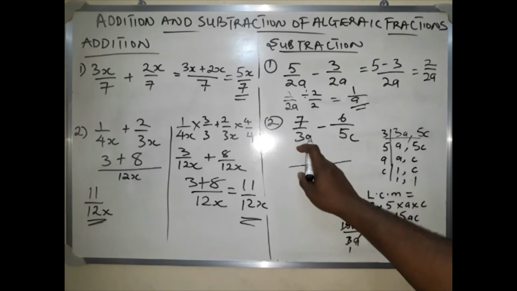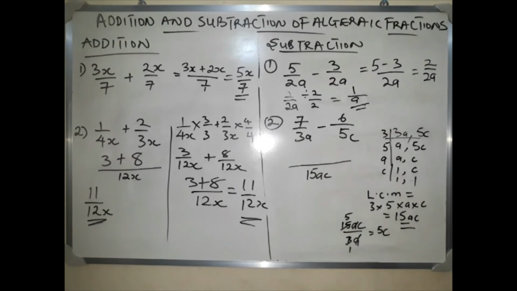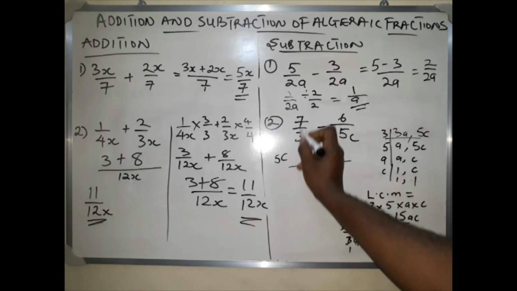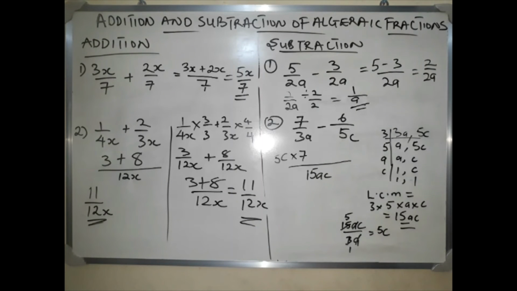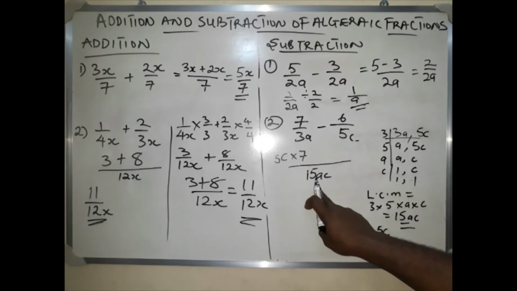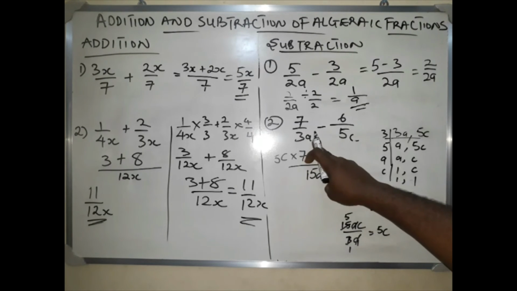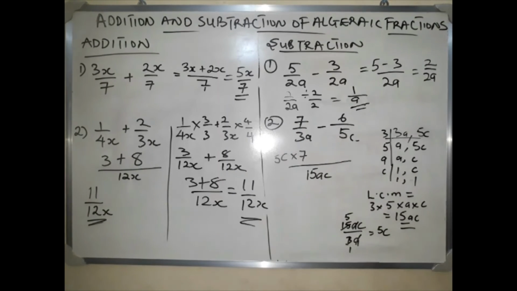So 15ac divided by 3a will give you 5c. So 5c will now multiply 7. So we find the LCM first of all of 3a and 5c. We get 15ac. We now say 15ac divided by the denominator, and the answer we got was 5c. We now multiply 5c by the numerator, which is 7.